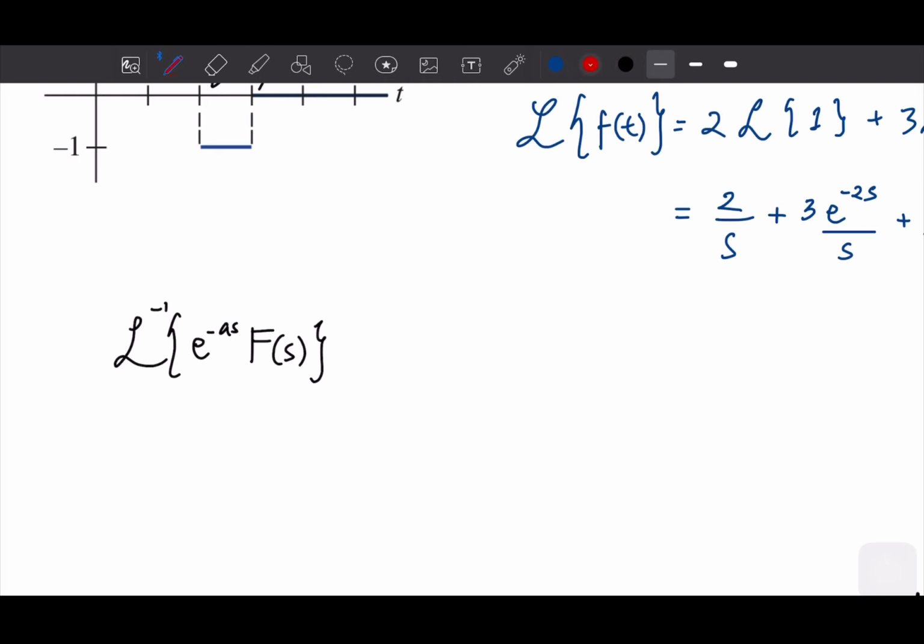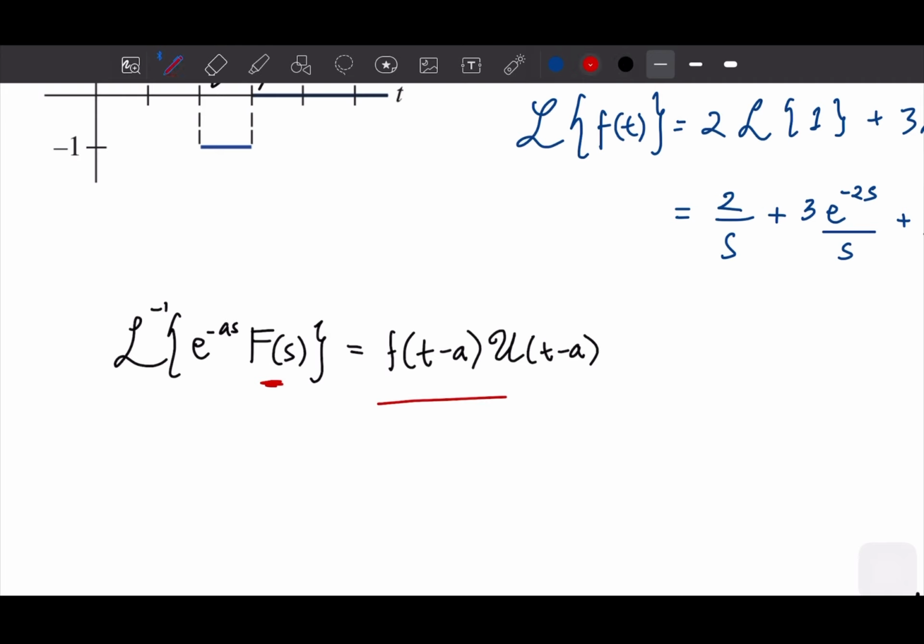This is supposed to be the form that has already been Laplace transformed. Then we reverse the process and take f of t minus a times the unit step function t minus a.